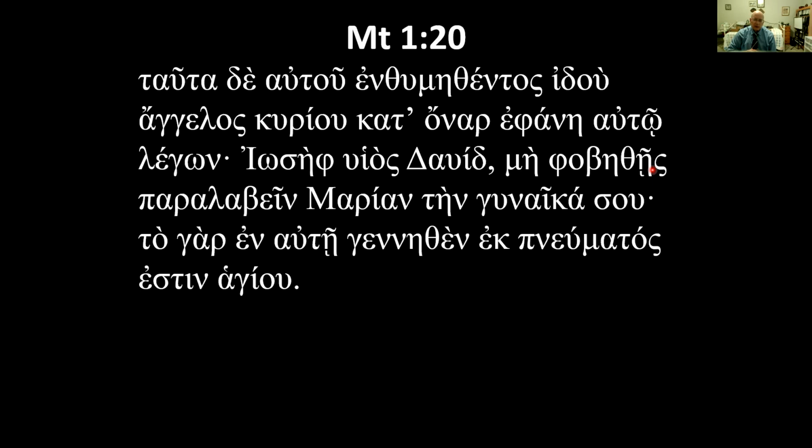In other words, he's not saying do not be feared, which the passive voice would normally convey. But phobeomai is one of those that we call deponent. It's translated in English as an active voice. Do not fear.